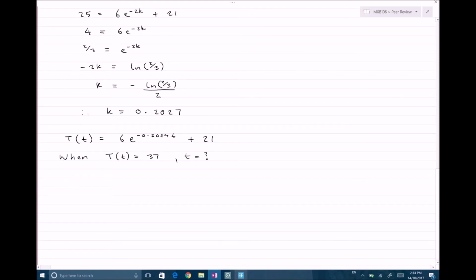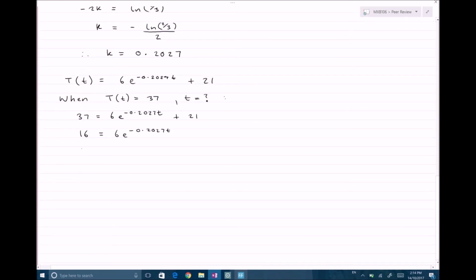Substituting in these values, we've got 37 equals 6 e to the power of negative 0.2027 t plus 21. We'll subtract 21 from both sides, so we get 16 equals 6 e to the power of negative 0.2027 t. Divide both sides by 6, so we have 8/3 equals e to the power of negative 0.2027 t.